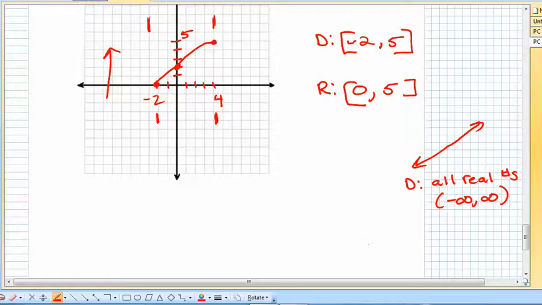If I have arrows in both directions like this, it may not mean that the range is all real numbers, it just may mean the domain. But anytime you have arrows on both sides like that, it means the domain is all real numbers, and we represent it from negative infinity to positive infinity.